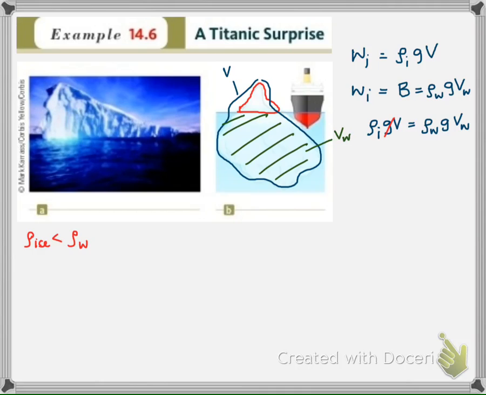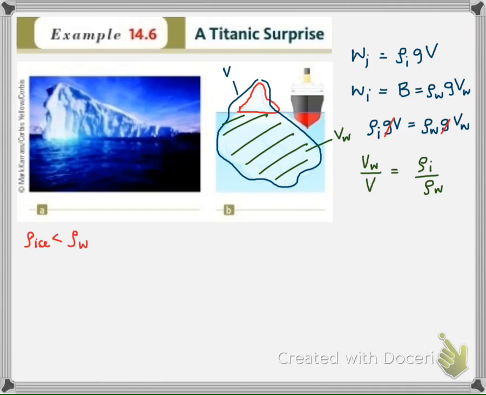These g cancel, so we have the volume of the ice under the water to the total volume of the ice is equal to rho of the ice over rho of the water, okay.